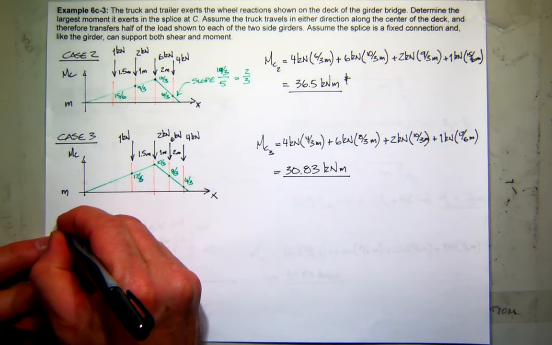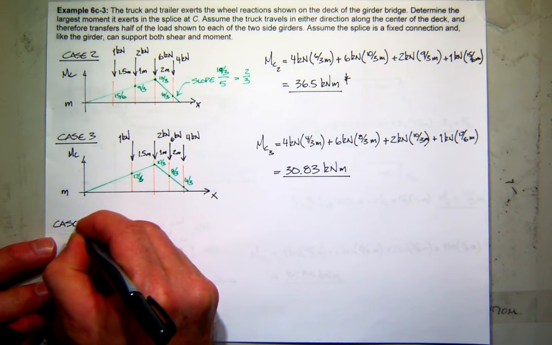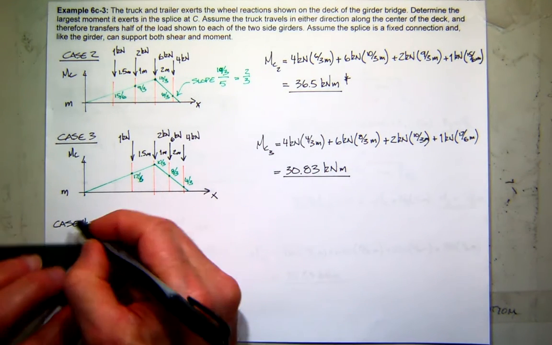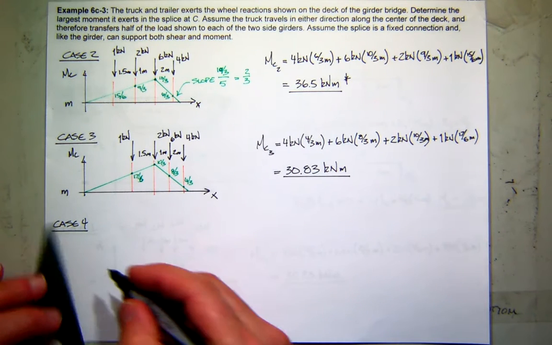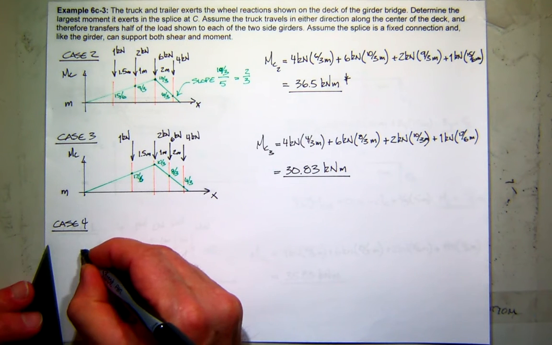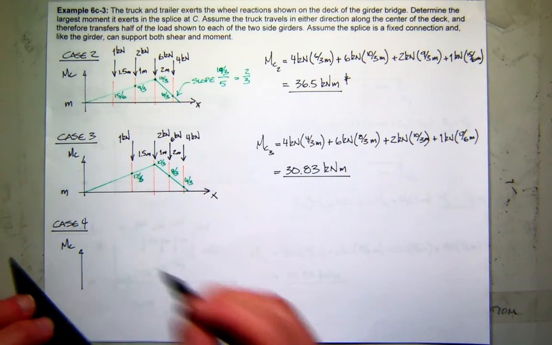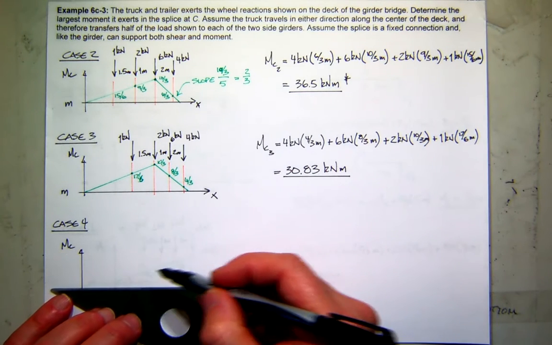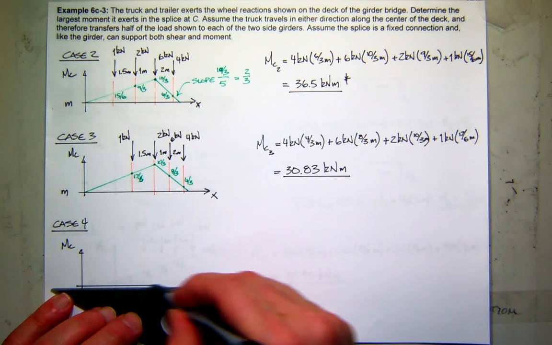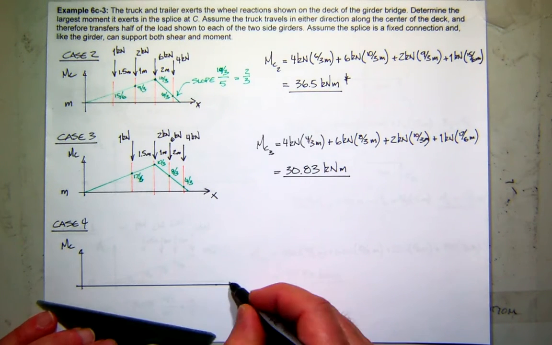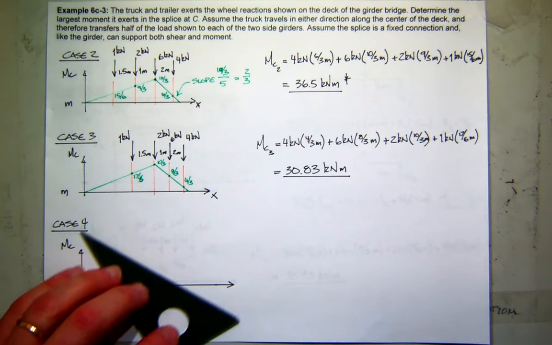But let's go ahead and finish this to be complete, just to check. So what I'm going to do this time, though, is I may draw it just a little bit bigger so that I can squeeze it all in.